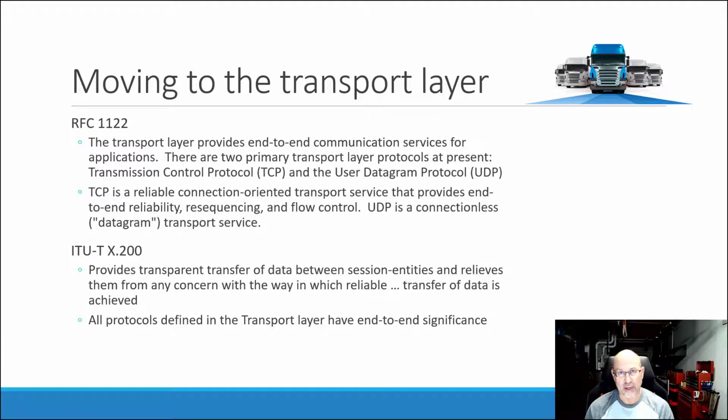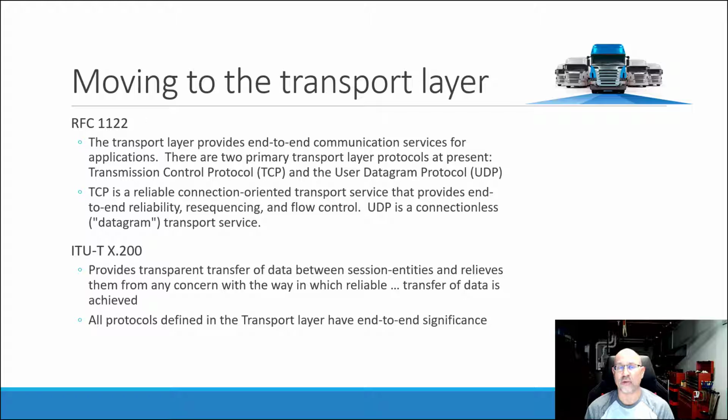So it's not just about getting it to a node. It's not about getting it to a network. It's about getting it to the final destination and originating that transmission at the final source. And so really what we're talking about here when we say source and destination is application to application. That's a really, really important idea.